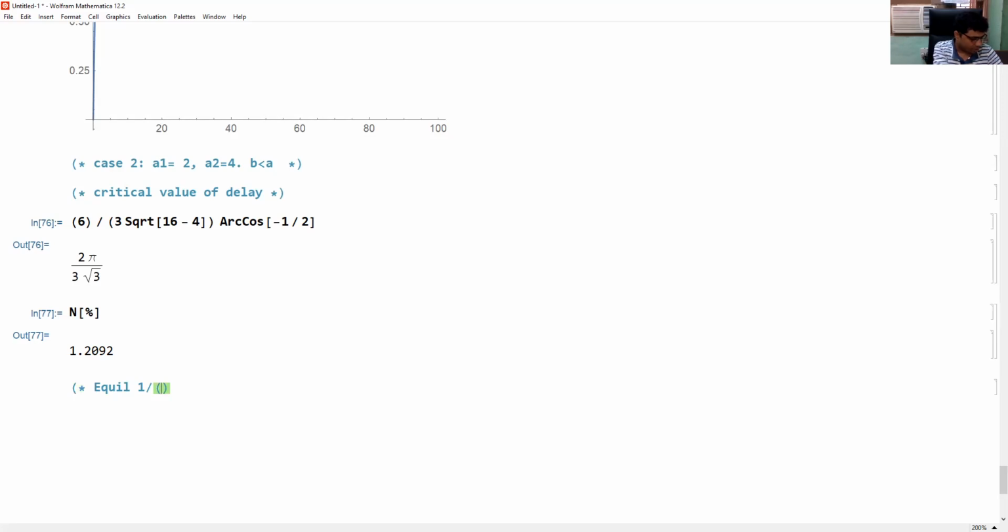So 1 upon A1 plus A2 means 1 upon 6, is asymptotically stable if 0 less than tau less than 1.2092, and unstable for tau greater than this one.